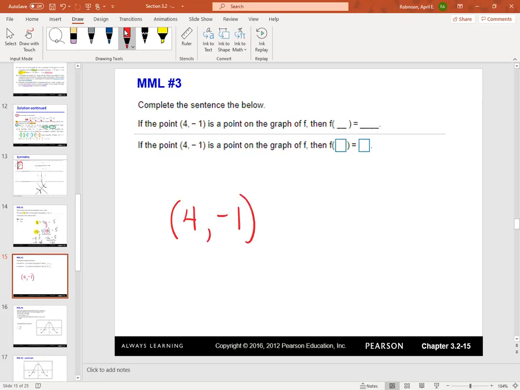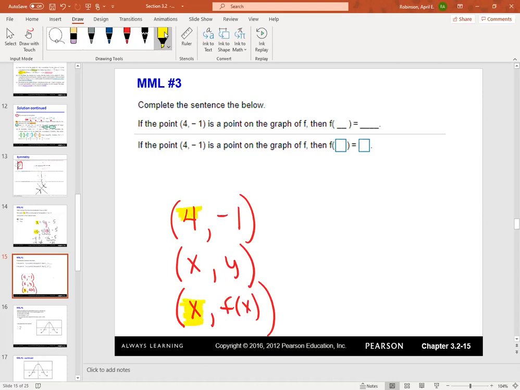Most ordered pairs are listed as x and then y, but that's the same thing as saying (x, f of x). So the x coordinate is still the 4. The f of x is the same thing as your y coordinate, which is -1.